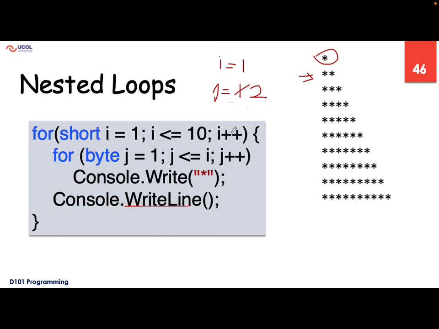Then we go back and increase the value of i plus plus. So, i becomes 2. Make sense so far? Check the condition. 2 is less than or equal to 10? Yes, it is true. Again come back in that inner loop. j is equal to 1. So, again that will become 1.